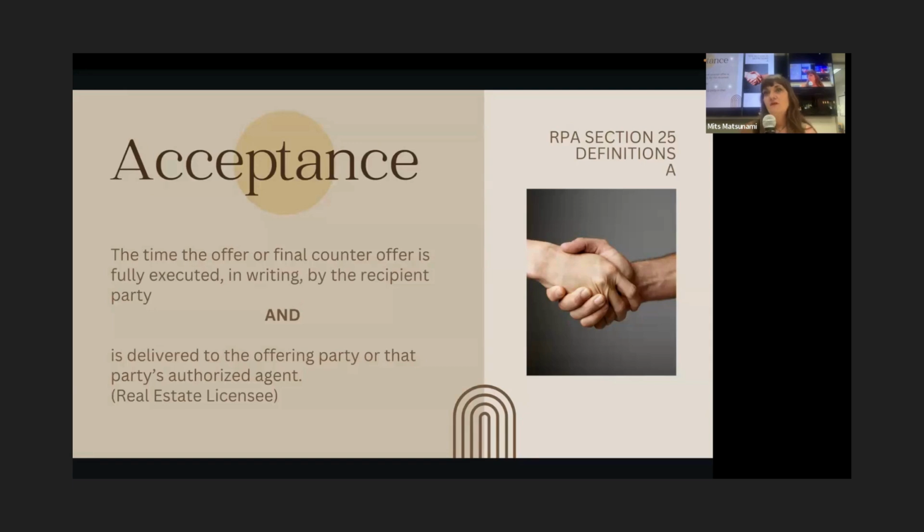We just had this deal where one of the buyers on one of my listings signed the day after we received the accepted offer. Do you remember that? Because he was in a different country.